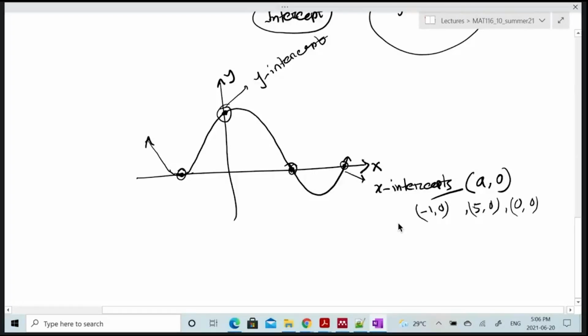It could be anything. 7,0. Exactly, 7,0. So a is any real number. a is not important. The important part is what? For x-intercept, the y value is always 0. So could you tell me what's going to be for y-intercept then? 0, b. b is any real number.